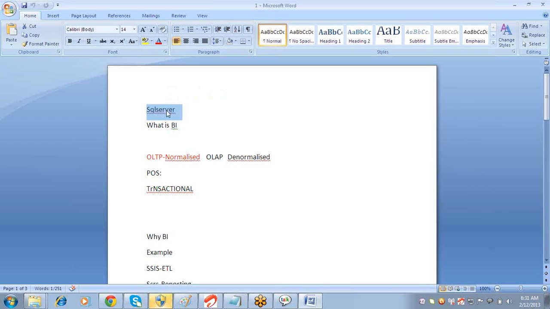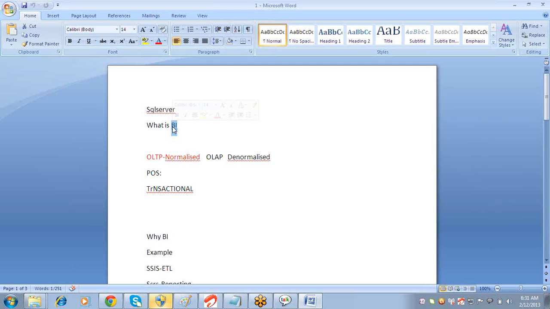So that's about SQL Server. Now if we come to BI, what actually is BI? What made Microsoft introduce BI tools along with SQL Server? Initially, when Microsoft launched SQL Server, there was no BI because there was no need for it.